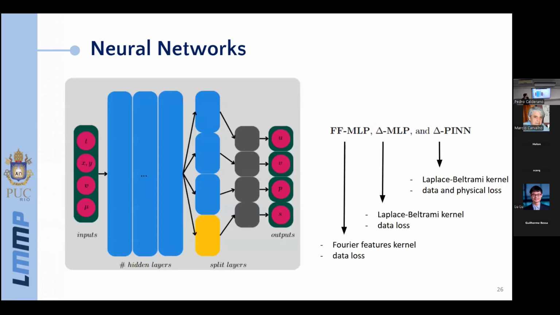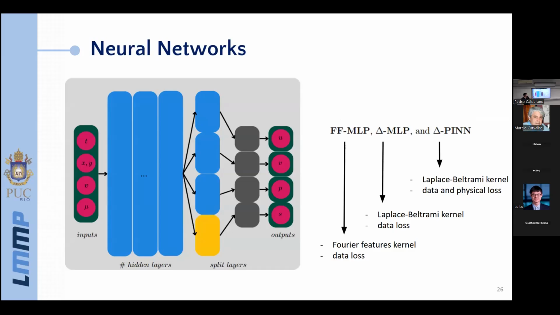So this is my architecture for my neural networks. I have as inputs the time coordinate, the Euclidean coordinates, the kernel, and the viscosity of the invading fluid. And as outputs, I have the x and y direction velocity fields, the pressure and saturation fields.